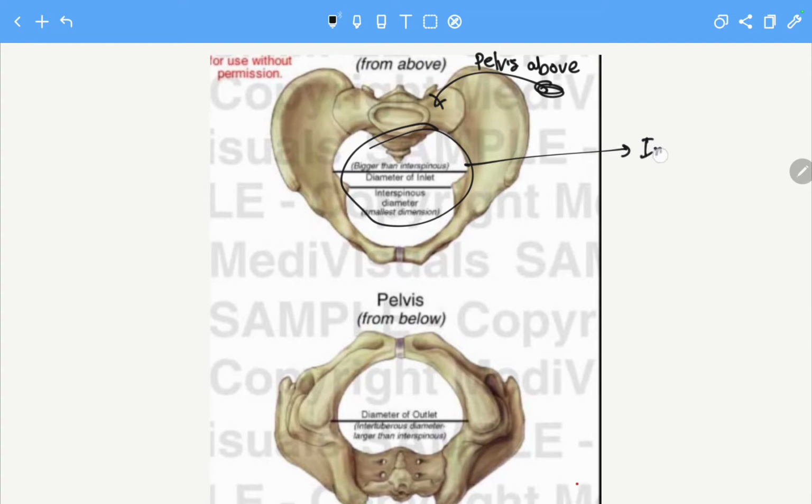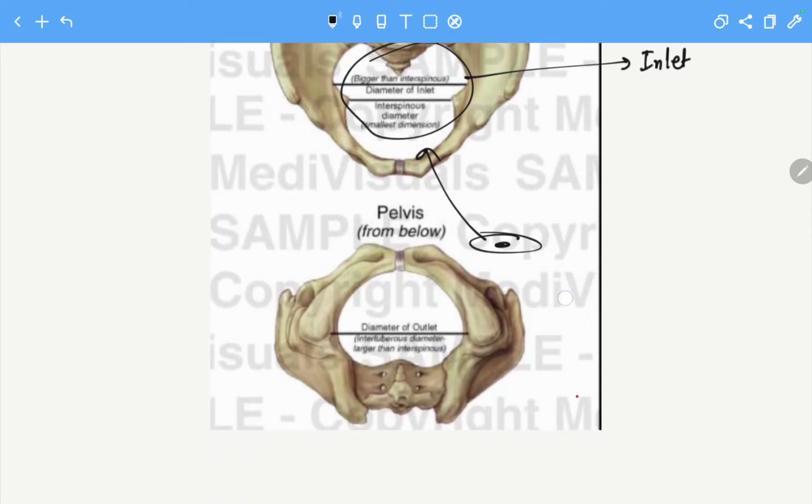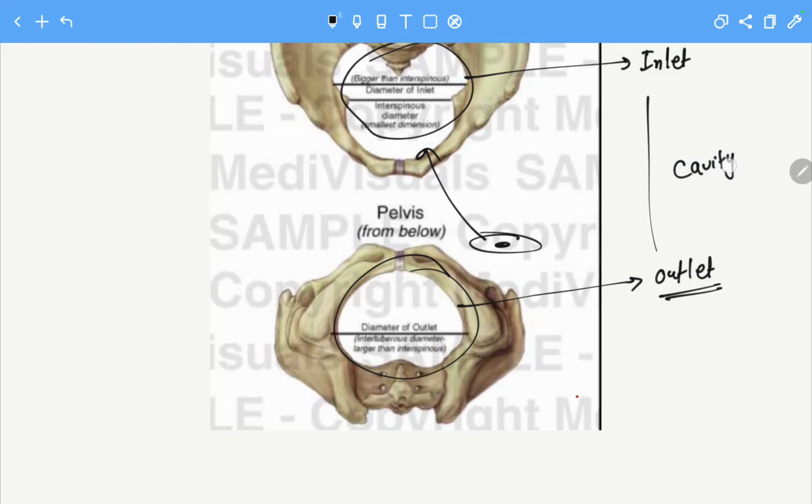And if you look at the pelvis from below, then you can see this portion, which is the outlet. In between the inlet and outlet is the cavity of the pelvis.